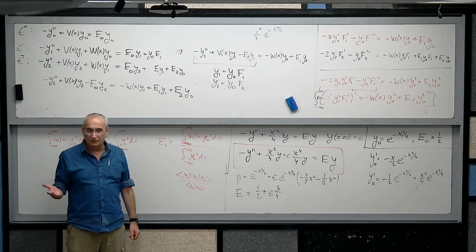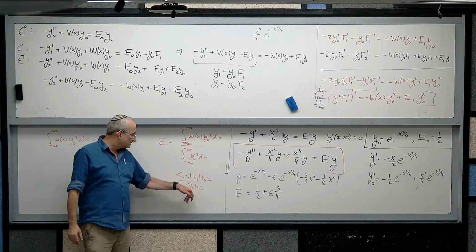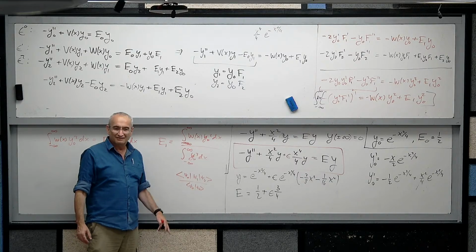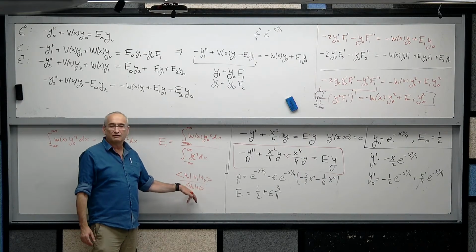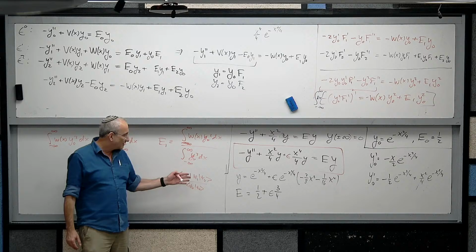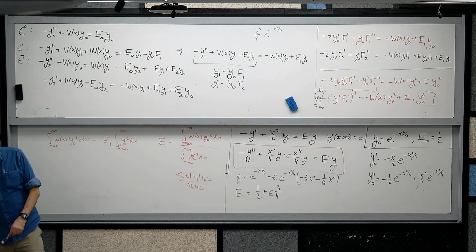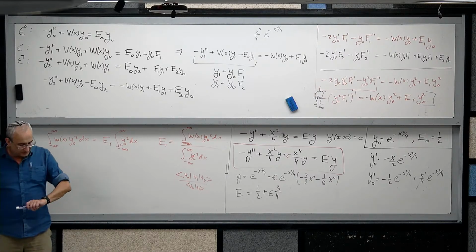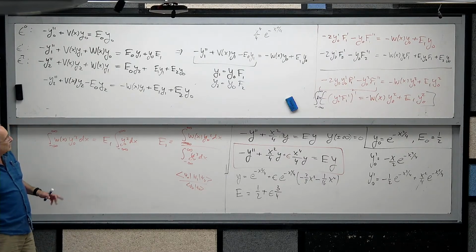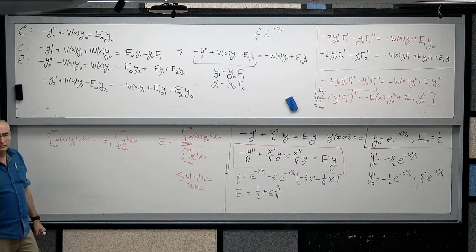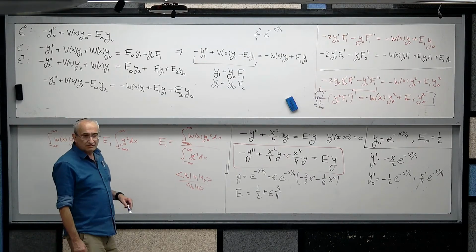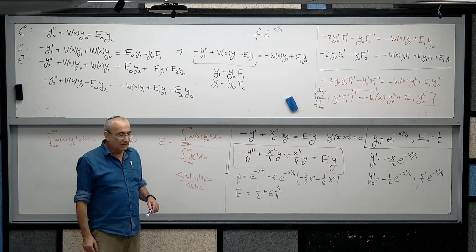So in this way you make sure, like normalizing the wave function. This allows us to calculate the first correction to the energy. You can plug it back there.